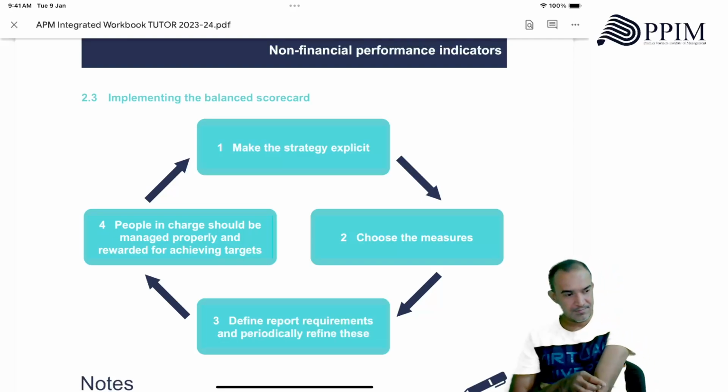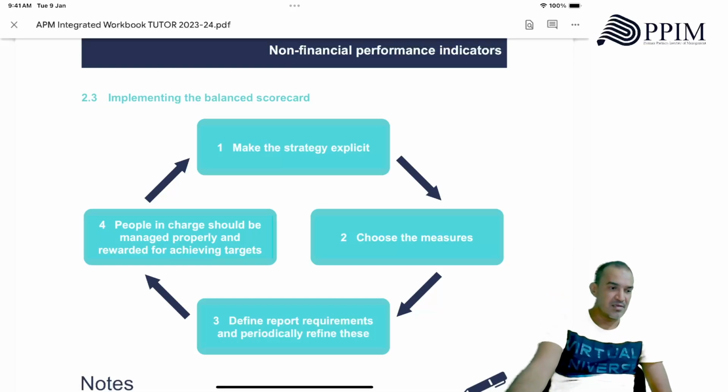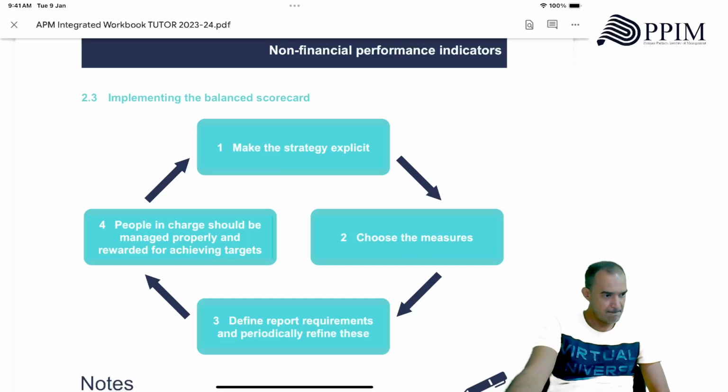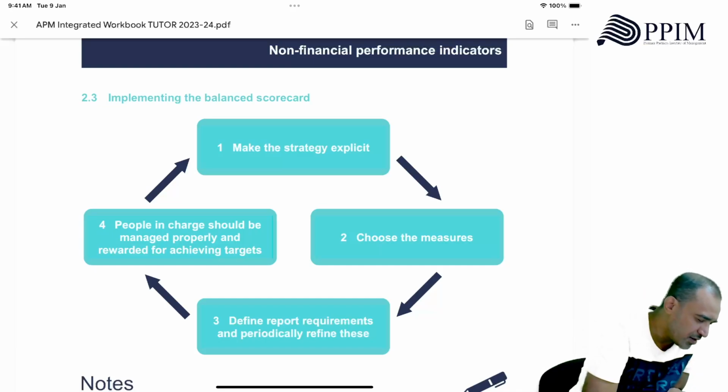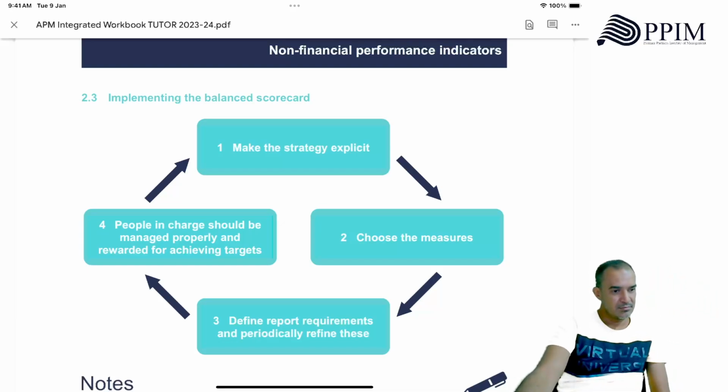Suitable critical success factors and KPIs should be chosen, which will ensure proper monitoring and measurement of performance.